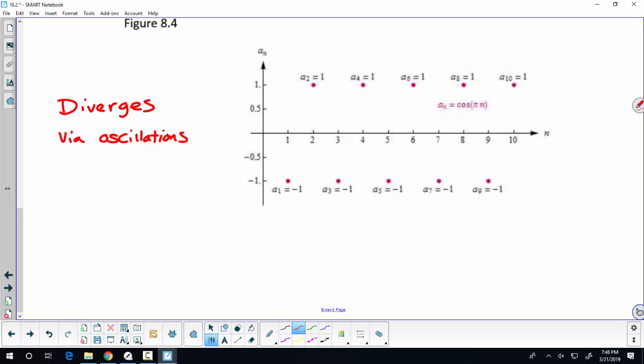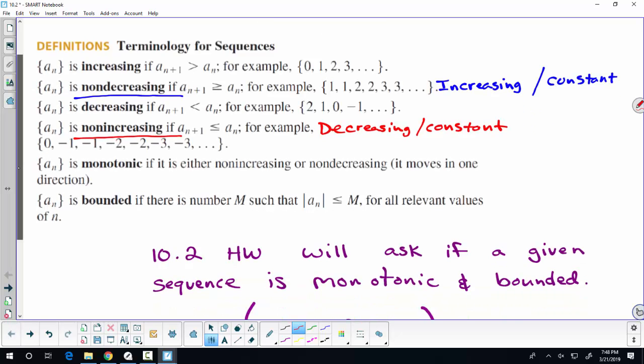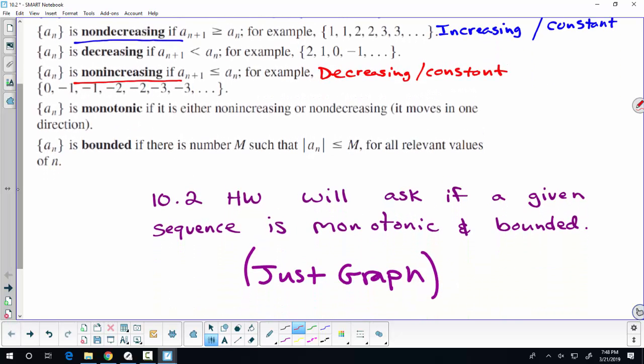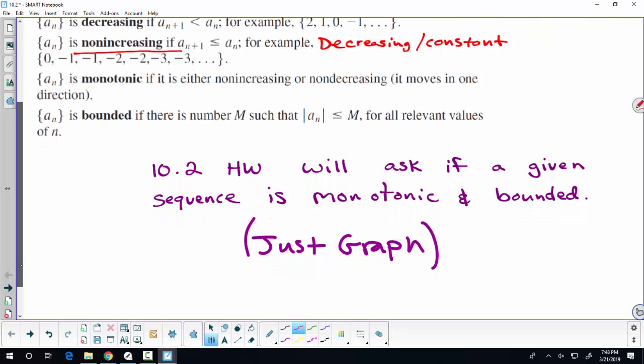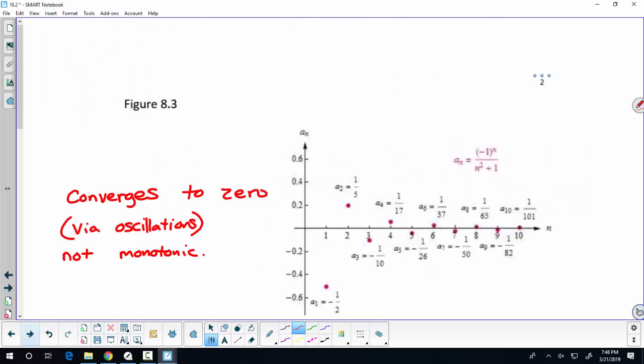Because it says absolute value. Or is that of the n value? What are you looking at? The last one. So for all the relevant values of n, then it would be bounded? Yeah, it would be.